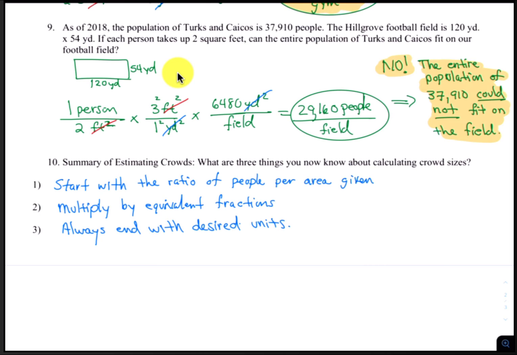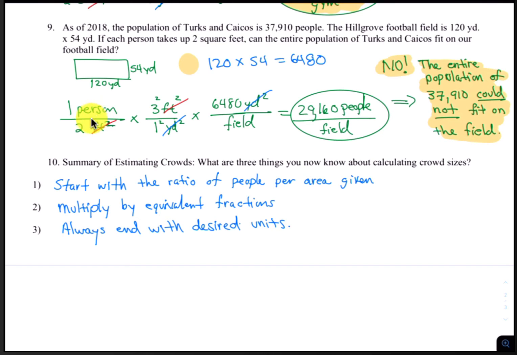120 times 54 is 6,480. All right, so we'll use that here in just a second.